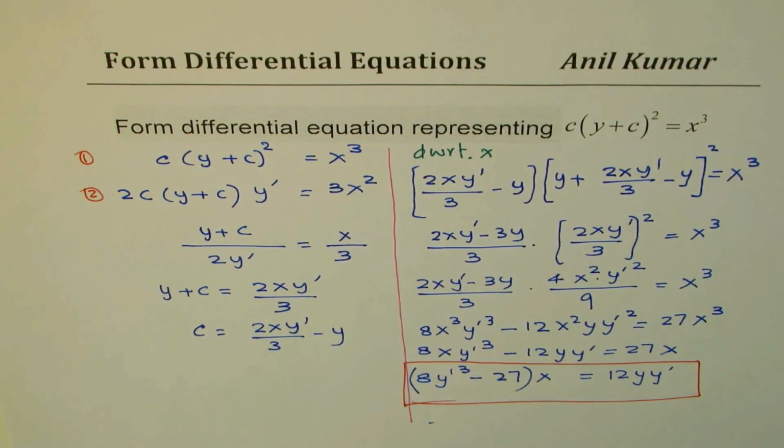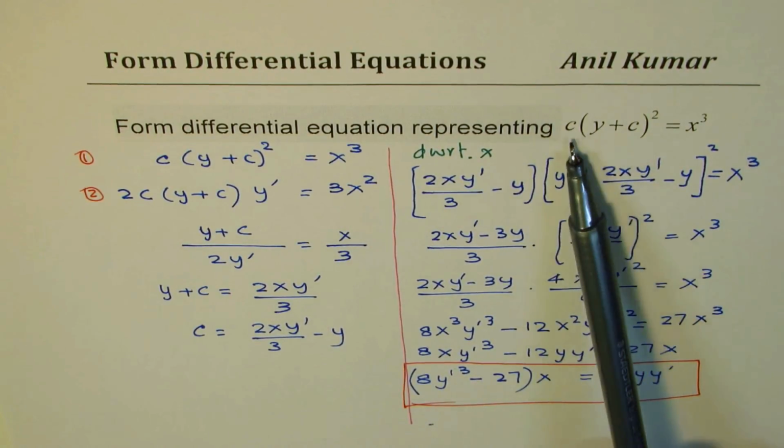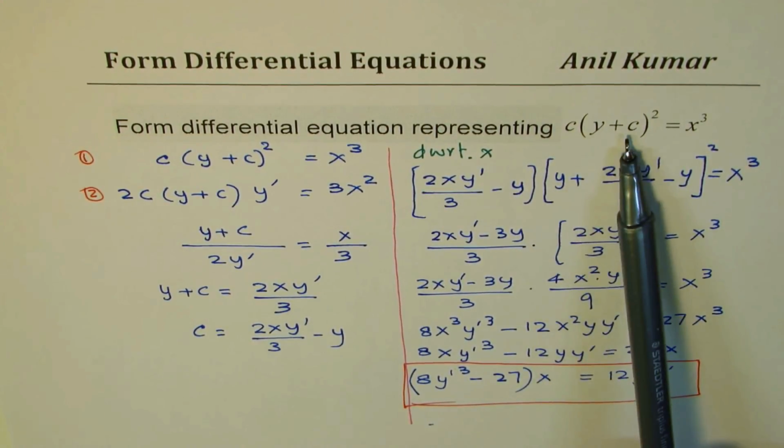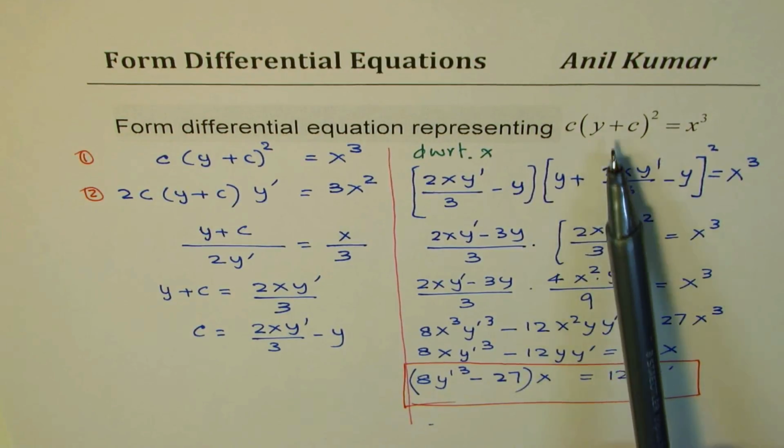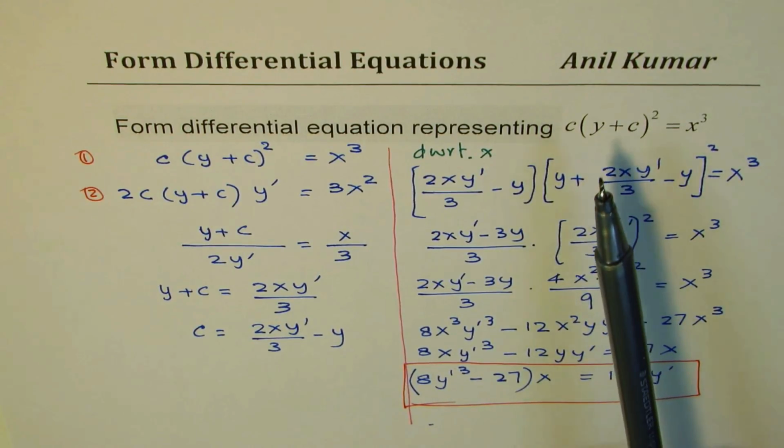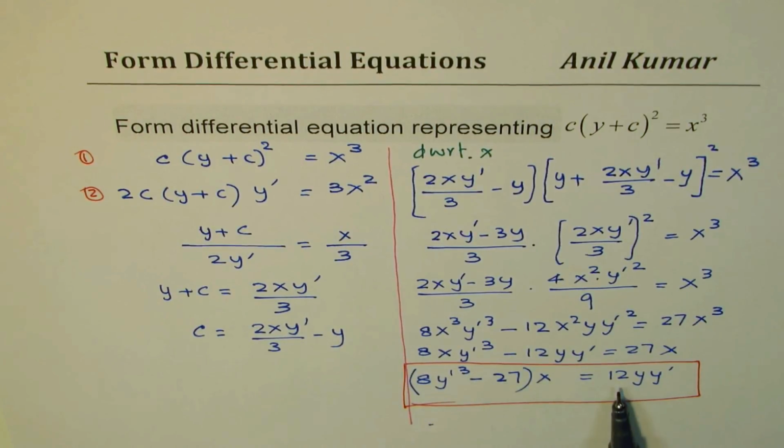Anyway, what you have seen in this particular set of videos is that we took most of them with one arbitrary constant, except for one where we had two arbitrary constants. The number of times you have to differentiate the equation to get an ordinary differential equation depends on the number of parameters or arbitrary constants.